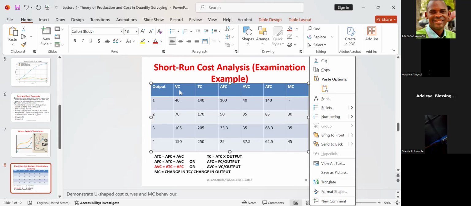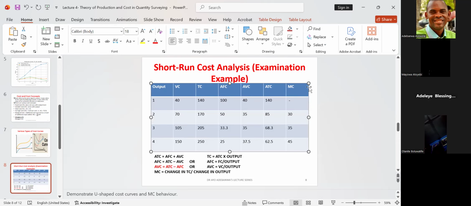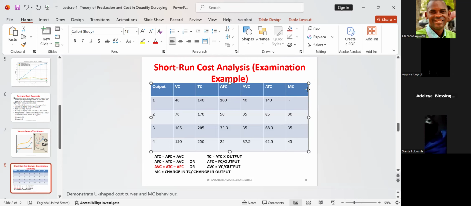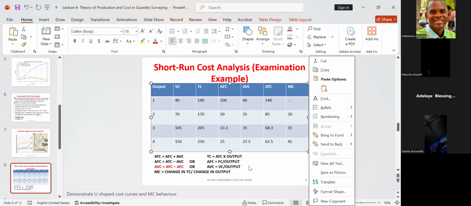I can't even insert it. I want to insert an extra column.